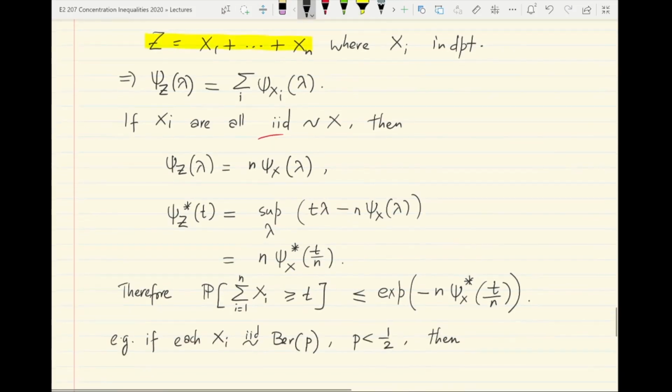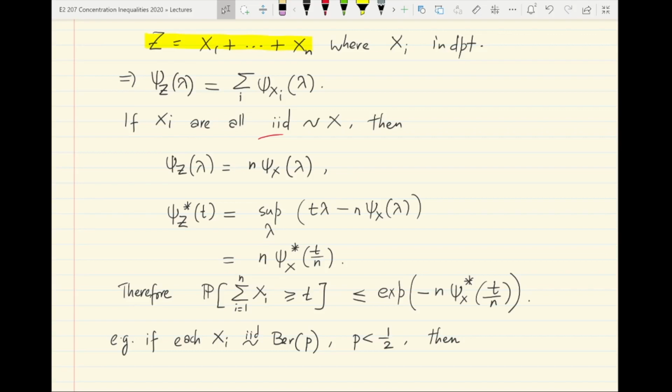So if you start computing the cumulant generating function of z, so C_z of lambda just ends up being the sum of the individual cumulant generating functions of all the x_i's evaluated at lambda.